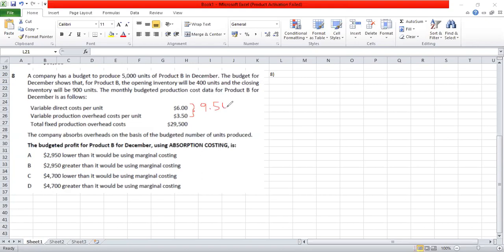If we were asked to calculate absorption profit, the regular procedure would be the selling value plus the closing stock value, minus the opening stock value, minus the production cost value, then we arrive at the profit. But we do not have that. And moreover, the options which are given here are all in comparison with the marginal costing.